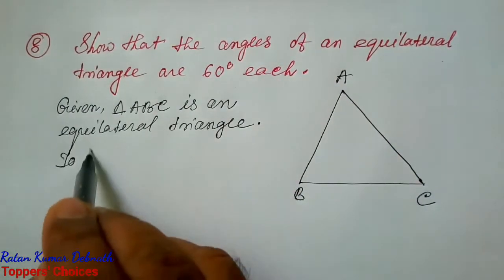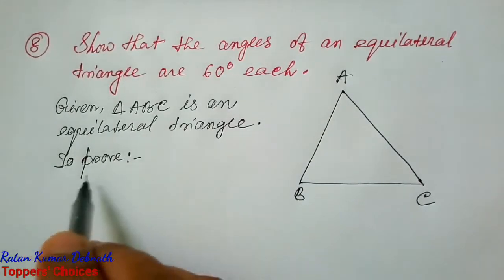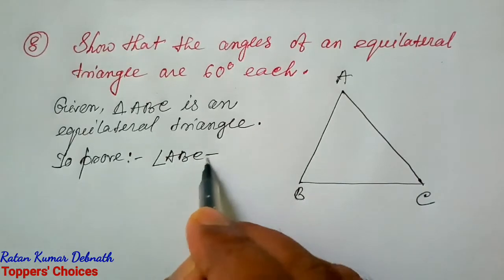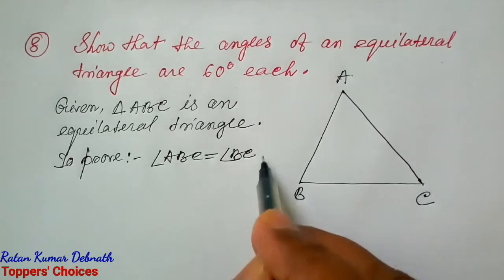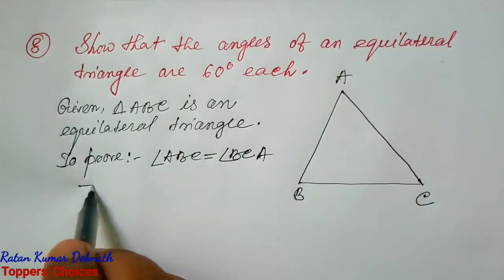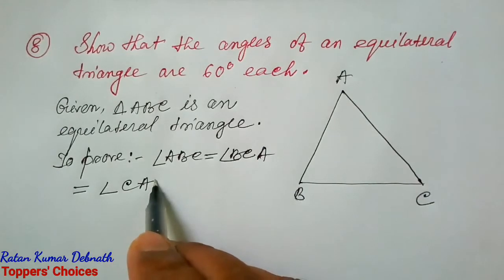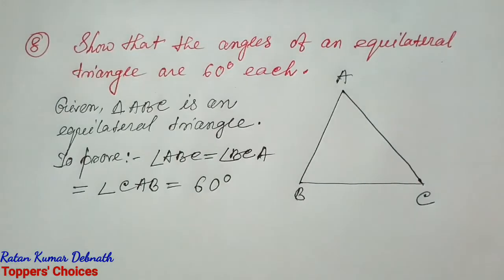To prove: angle ABC equal to angle BCA equal to angle CAB equals to 60 degree, that is each of the angles are 60 degree.